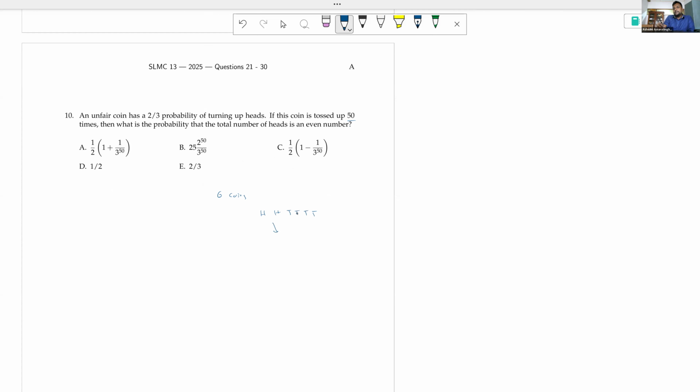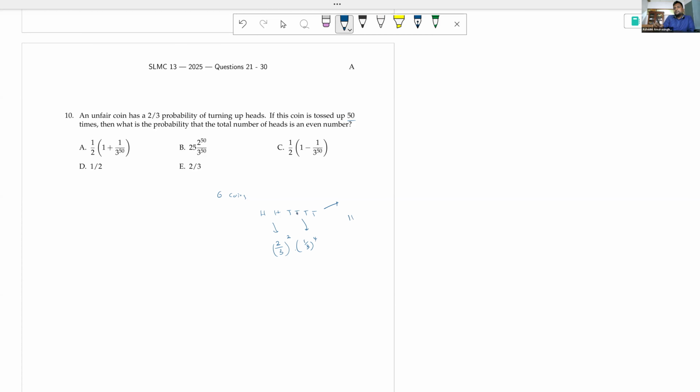So to have two heads, the probability is 2/3 to the power 2, but also you will have to have 4 tails, and that probability is 1/3 to the power 4, and because they are independent, you can multiply the probability. And then finally, out of 6, we don't know which two give you heads.